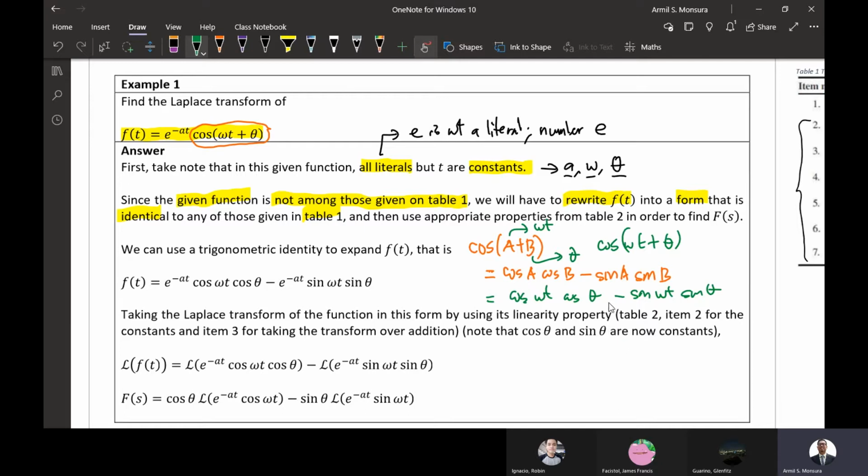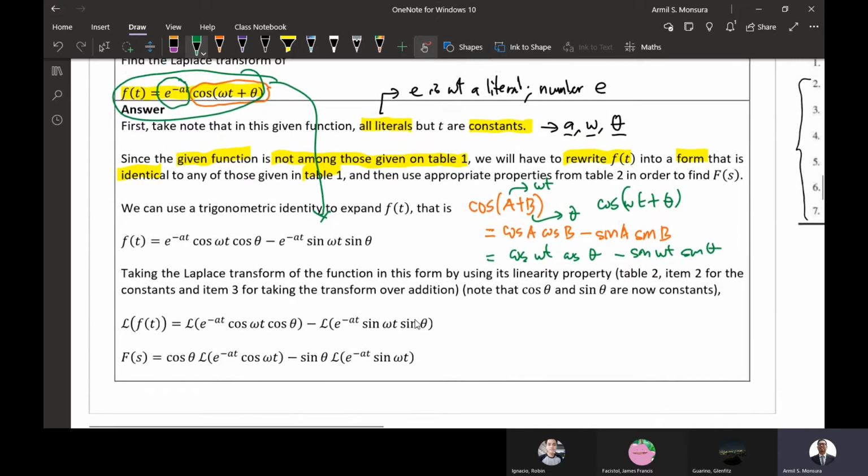So, that is why, including ngayon ito, yung exponential na yan, we can now translate this entire function into this. Okay?